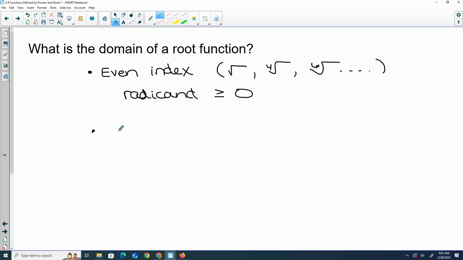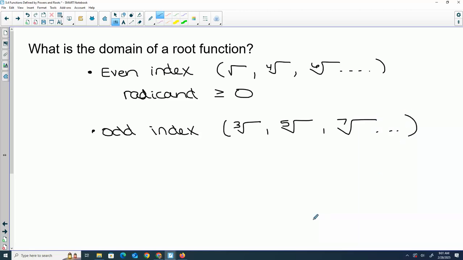Now, if it's an odd index, so that's saying a cube root, fifth root, seventh root, so on. Okay, think about when we graphed the cube root function. What did it look like? It was like that sideways chair.